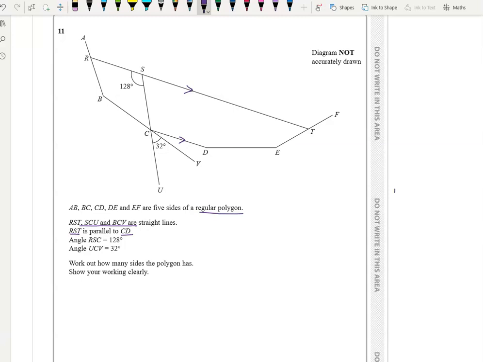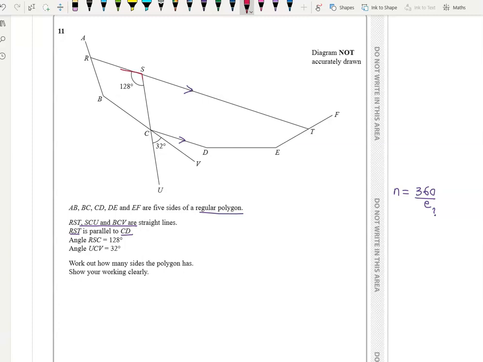To find the number of sides of a regular polygon, the formula is 360 divided by the exterior angle of the regular polygon. So once I find E, the exterior angle, I can easily work out the number of sides. So let's use the information that is given to us. The first thing is, if you look, we have parallel lines.